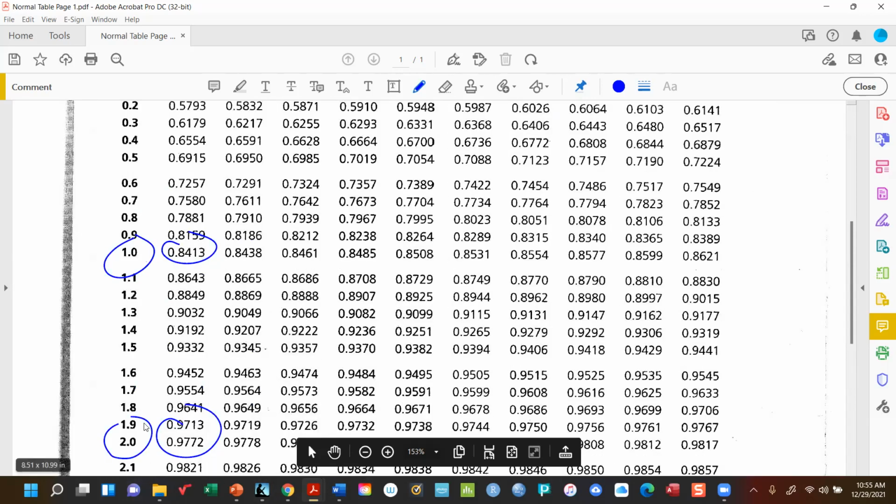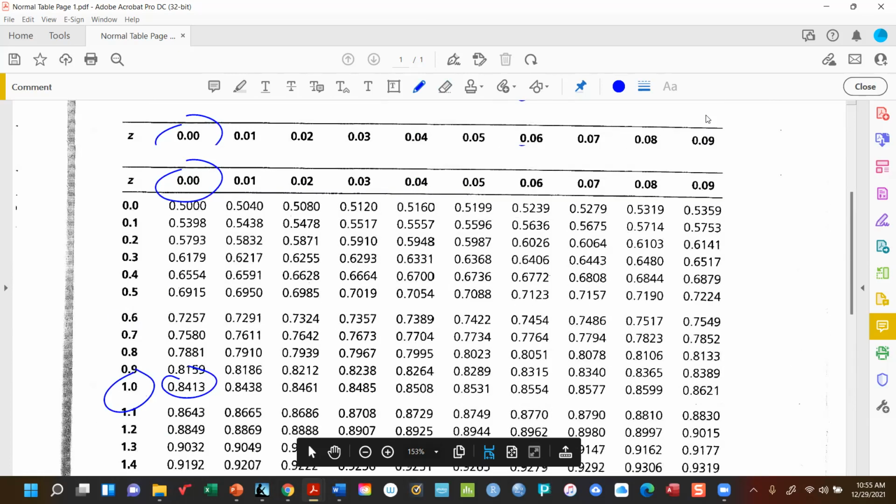I circled them too big here. Hold on. All right, that's better. 2.0 combined with 0.00 is 0.9772.